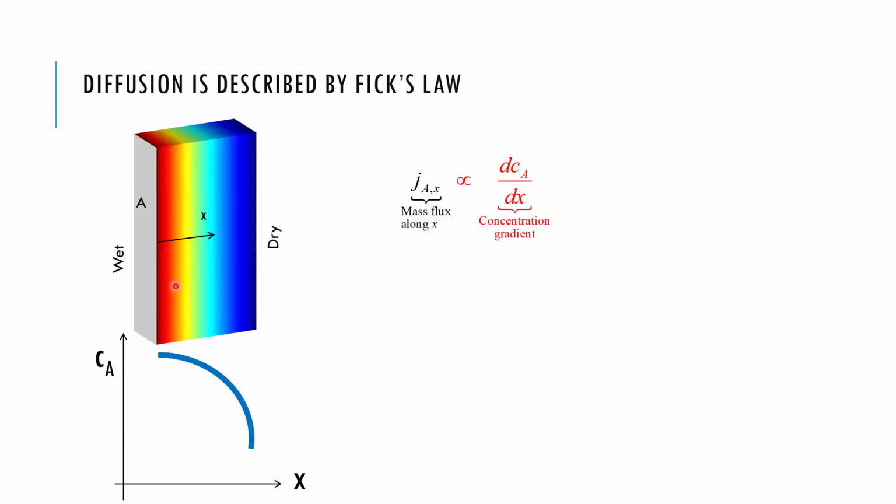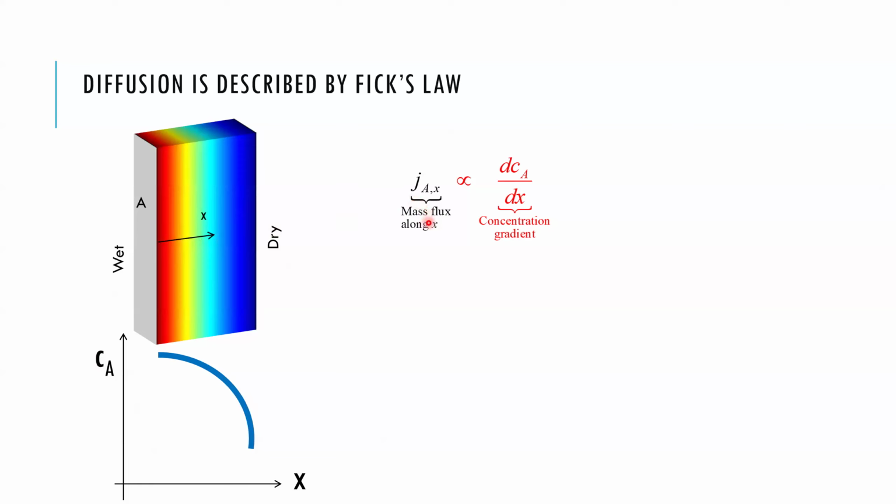So the mass flux along x, J_Ax, J for mass flux, is just like q double prime that we use for heat transfer. In fact, it's exactly like that. And A is the stuff that is moving through, and x is the direction.